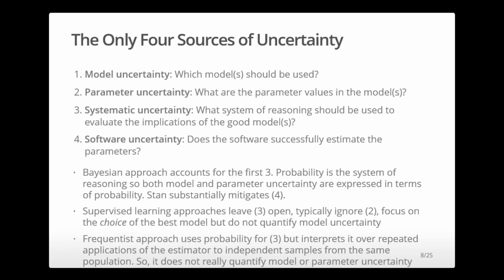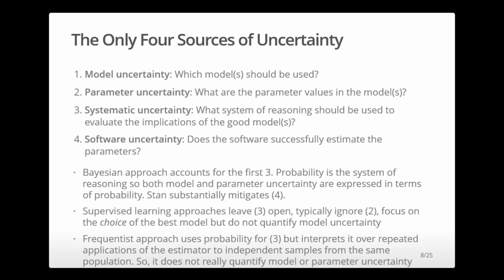So I talked on the previous slide about taking expectations to average over uncertainty. So what are those sources of uncertainty? The first is model uncertainty. What models should be used for this or that data generating process? The second source of uncertainty is parameter uncertainty.